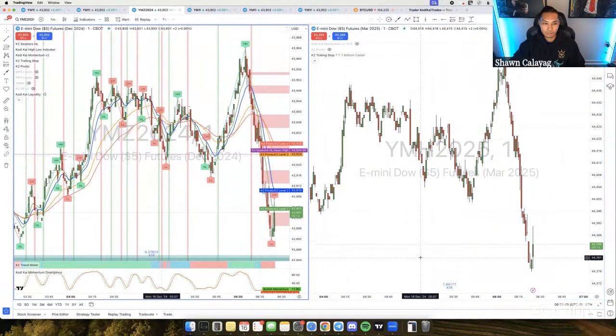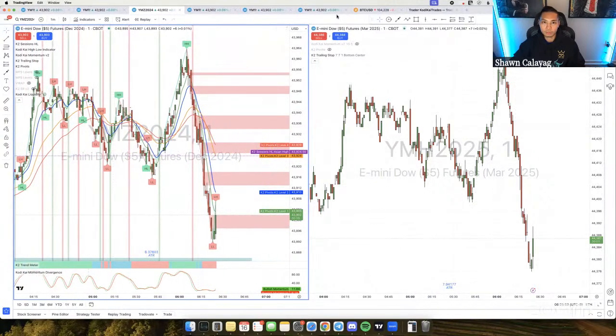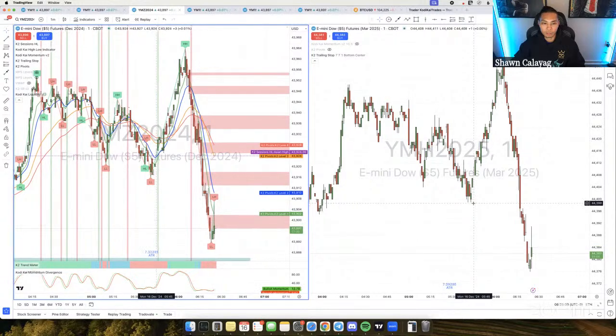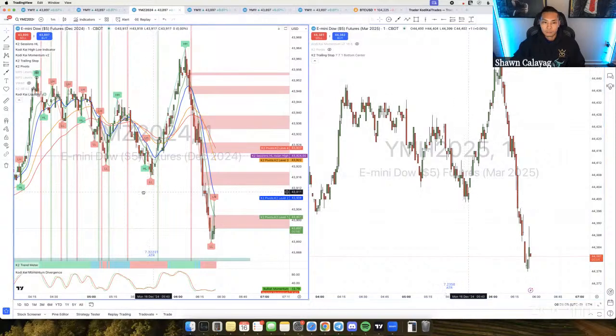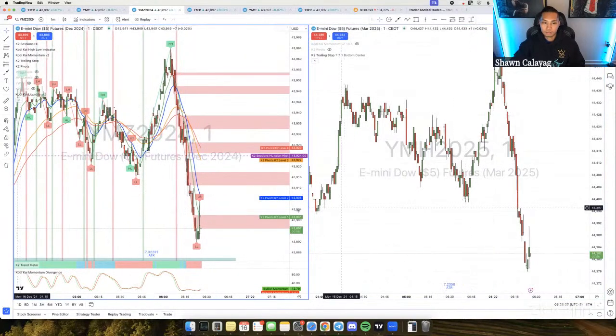The ATR is probably off by less than a point. They're moving pretty similar, but just slightly different. I would stick to the December contract, or the March contract actually. I'll come back and take a look at that shortly.